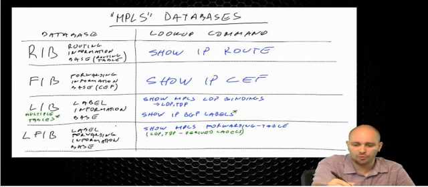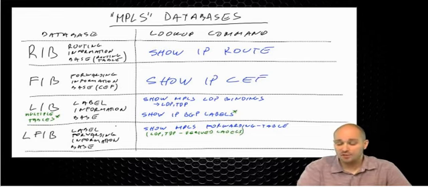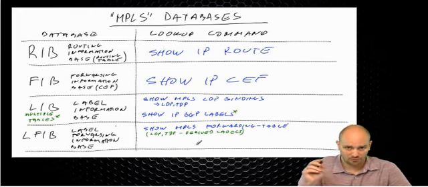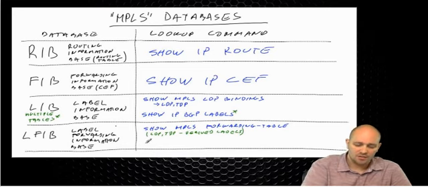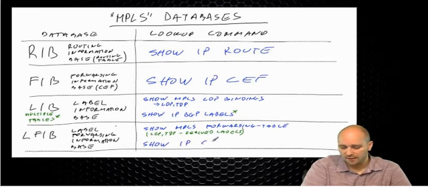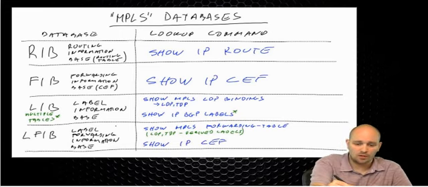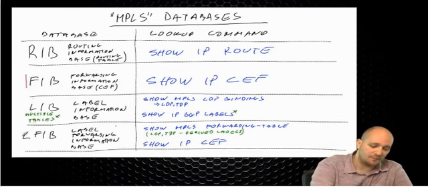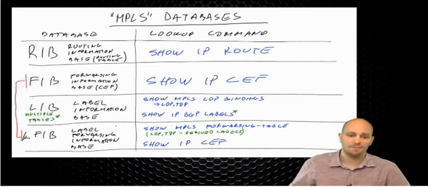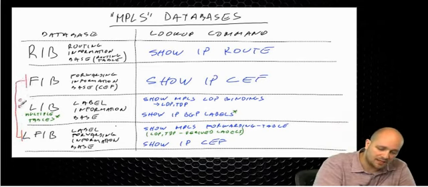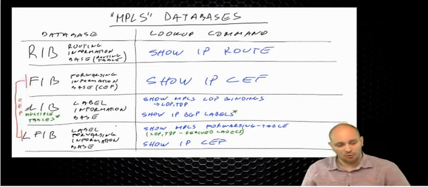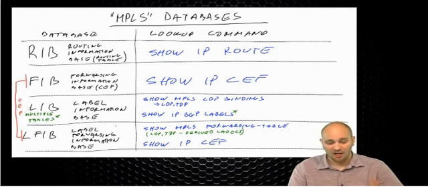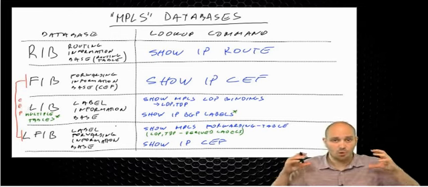But it may not show you those labels that have been perhaps installed in the routing table by other protocols that can exchange labels, and we'll see what protocols they are. So if you want to see the full table, you can actually do show ip cef. The reason why you can use show ip cef here is that the FIB and LFIB in IOS are actually parts of the same database. So in both cases this is basically the CEF table. The FIB and LFIB in IOS are, technically speaking, subsets of the same table.